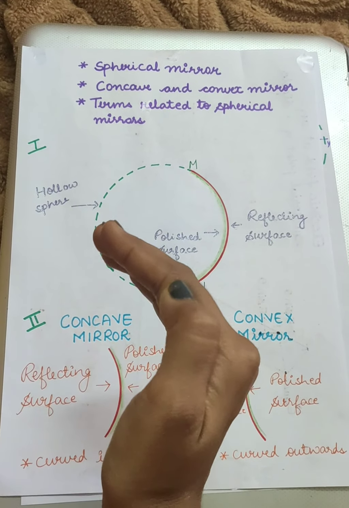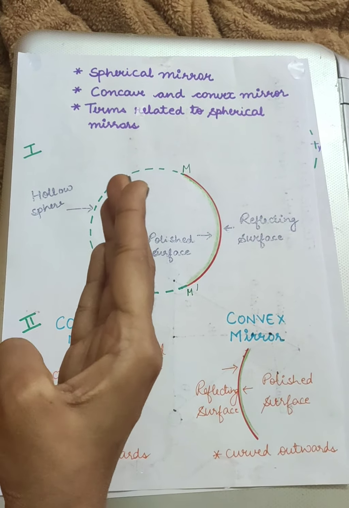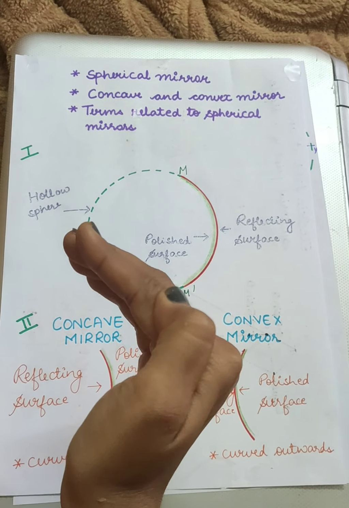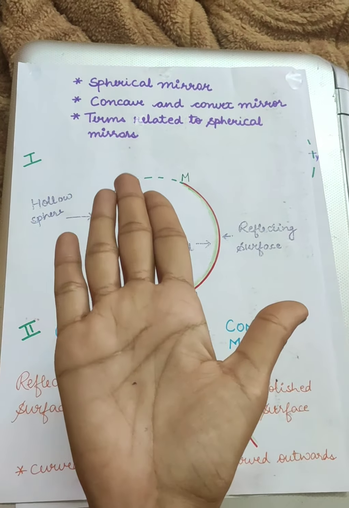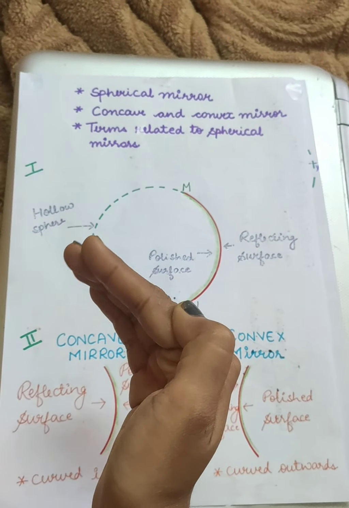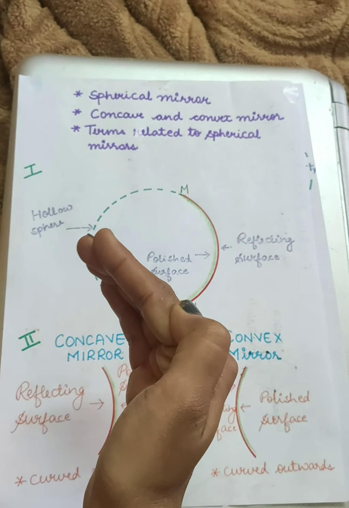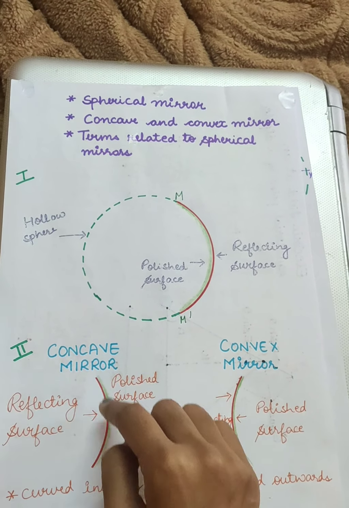See, if I curve my hand like this, you see a curve inwards. It forms a cave. So when the inward part, my palm, forms a curved surface, that mirror is called a concave mirror.